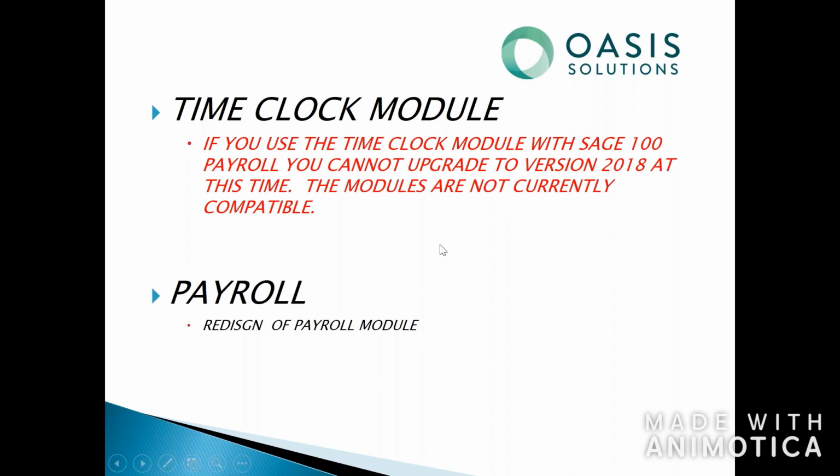Okay. So one thing that also, for any of you out there that are users of the payroll module, if you also have the Sage 100 time clock module, actually I believe it's the time card module, I think I mistyped there, it is not yet compatible with the new payroll version.